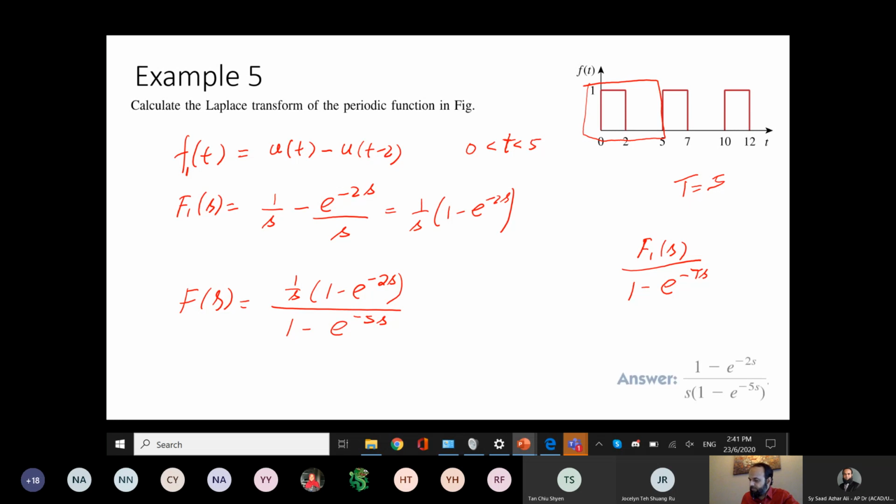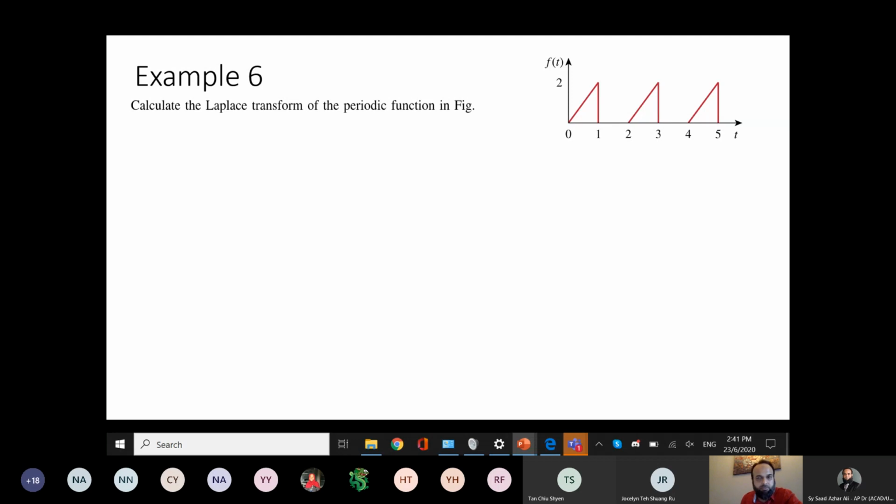Okay. So we move to example 6. This is the answer. This time we have another periodic function. Those who are good in graphical representation may find it much easier, but those who need some help, let me show you this one. Once again, it's periodic with a time period of 2, and of course it's between 0 and 1, so we are expecting something like u(t) minus u(t minus 1).